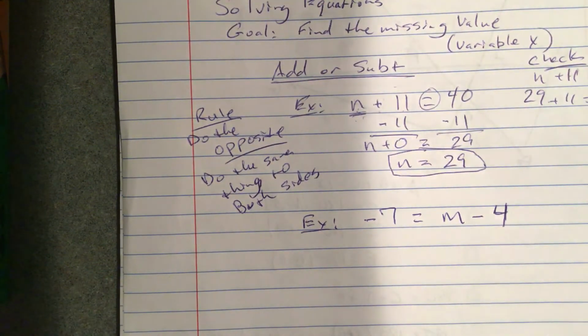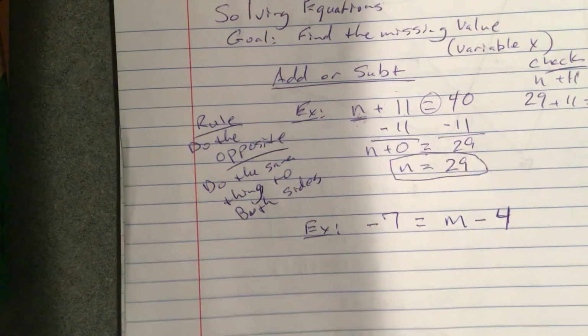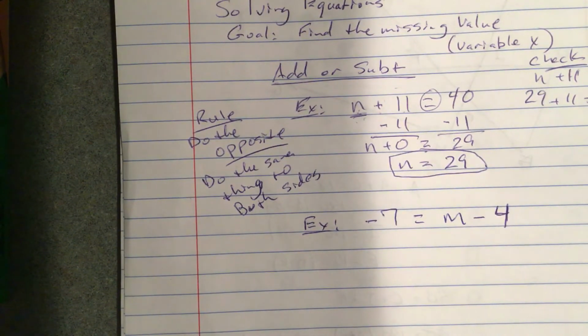Okay. Now, you might be able to figure that one out in your head. Great. But we're still saying something minus 4 is going to get us to negative 7. What's that value have to be? Okay? And if you can figure it out, that's great, but we're talking about techniques, okay?